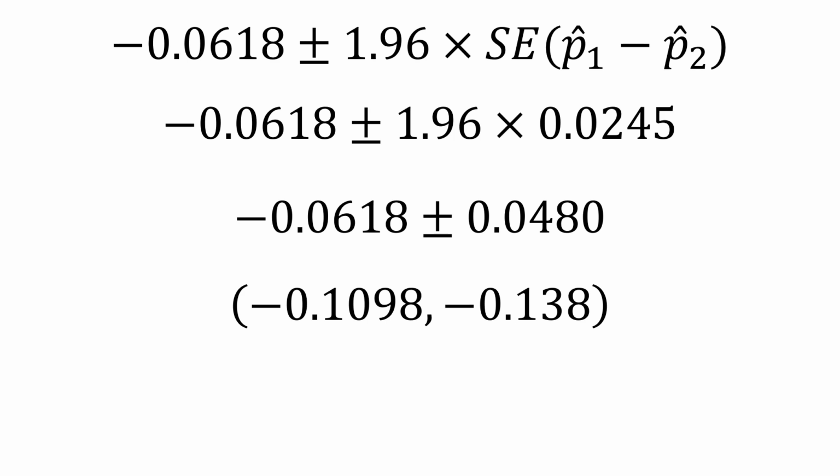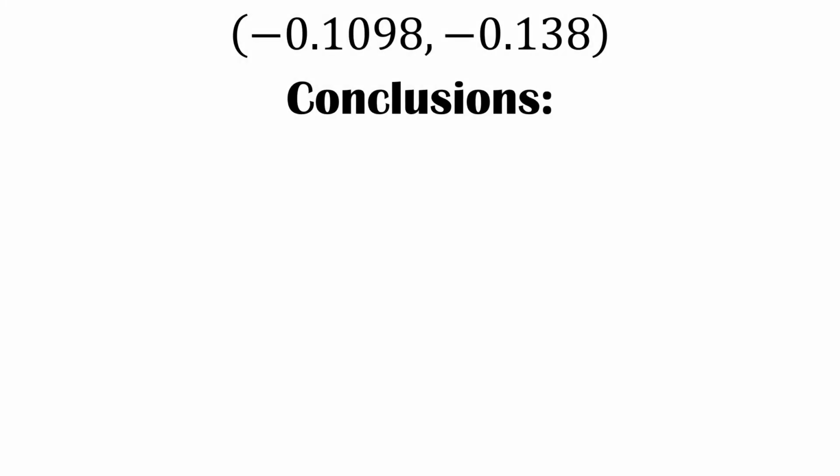Because it's 95%, that's a little bit less stringent. And you can see that our interval is negative. What's that telling us? That's telling us we have evidence that students who do the practice final have a slightly smaller chance of failing the real exam compared to students who do not do the practice final. And so that's the conclusion we're going to draw.